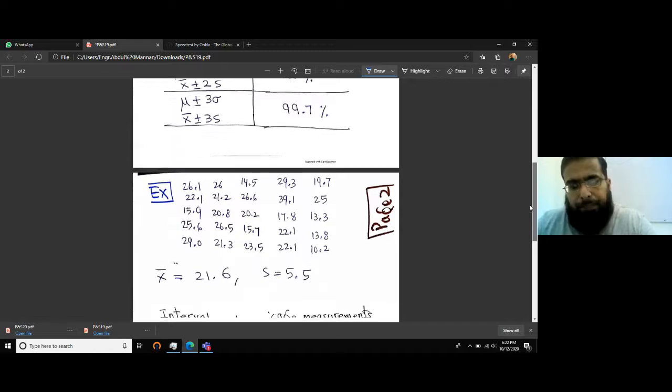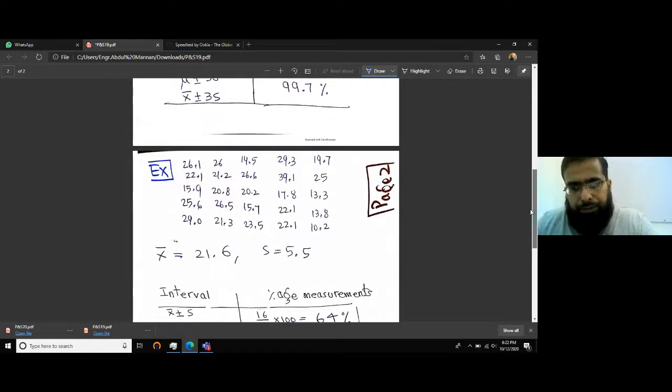Here we have this example. We studied this example earlier, the evaluation of lesson plan example. I guess we studied that for Chebyshev's theorem.